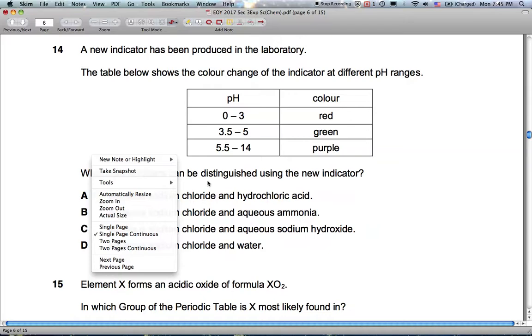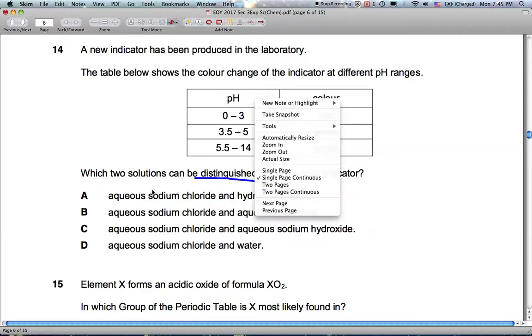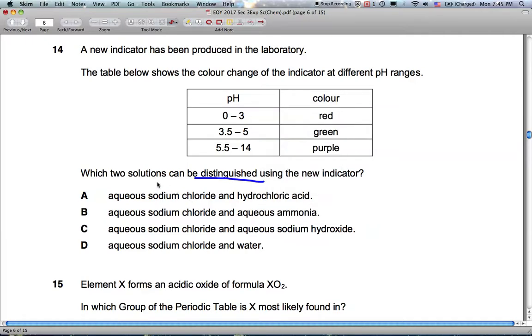What we want to do is to distinguish, meaning to tell them apart.